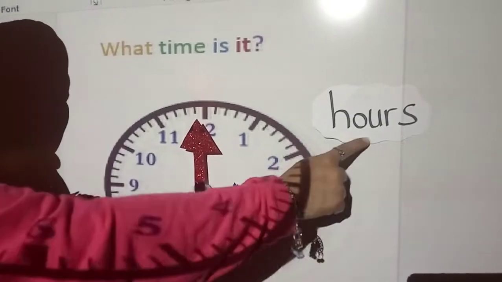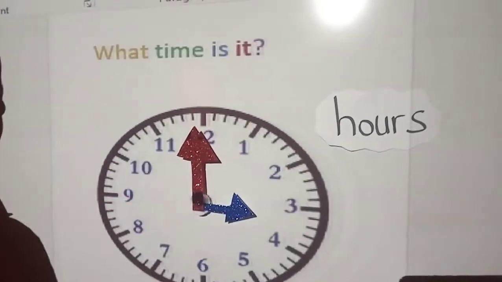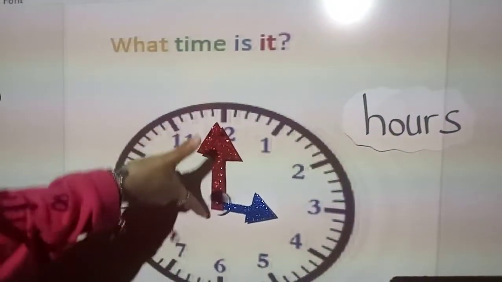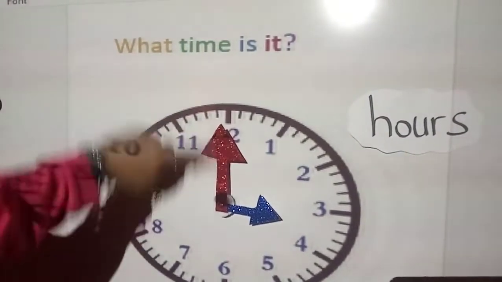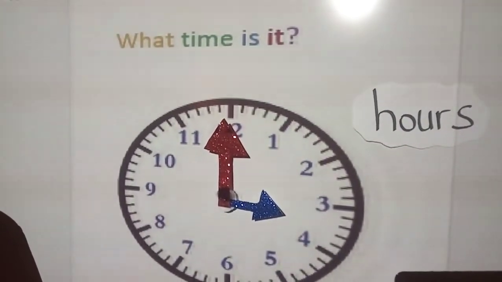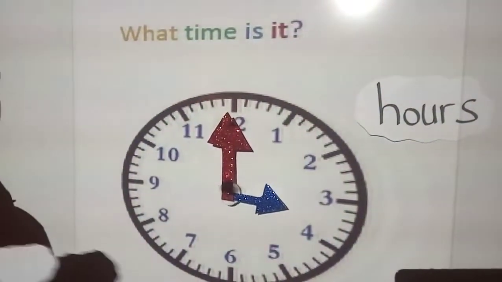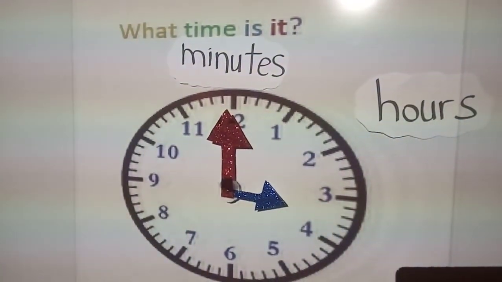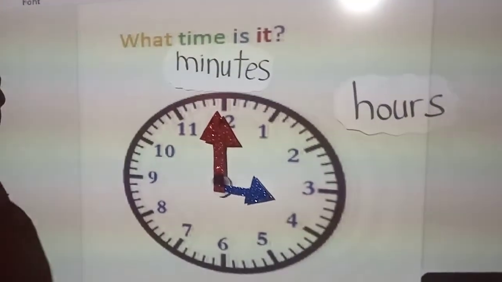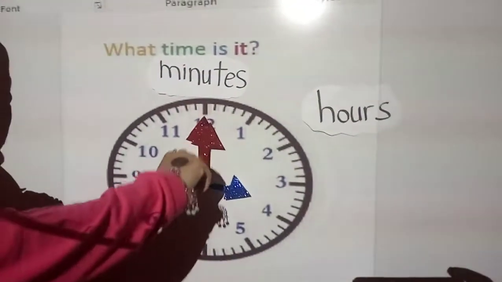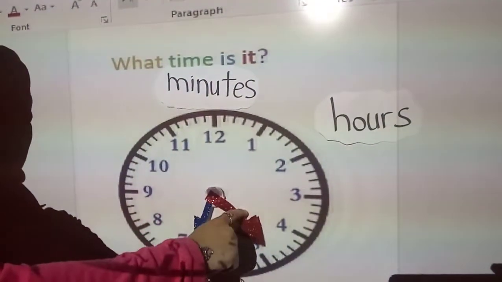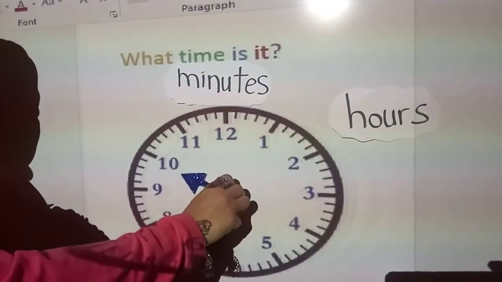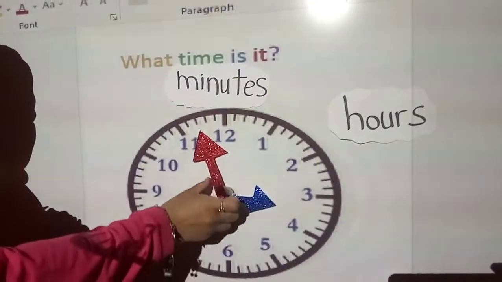It's called the hours hand, and the long hand, it's called the minutes hand, and our two hands go round and round inside the clock.